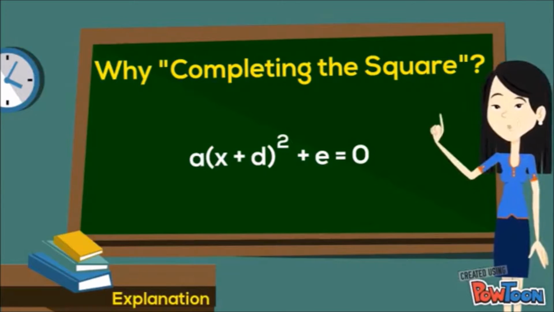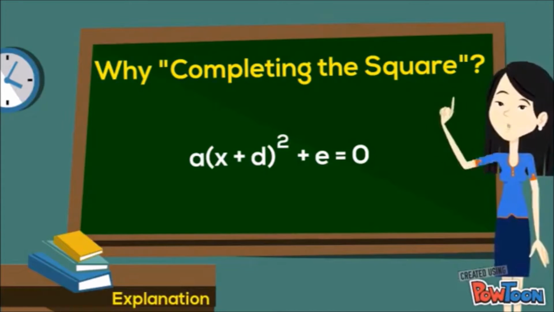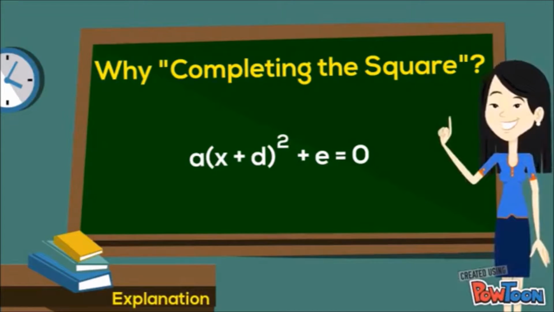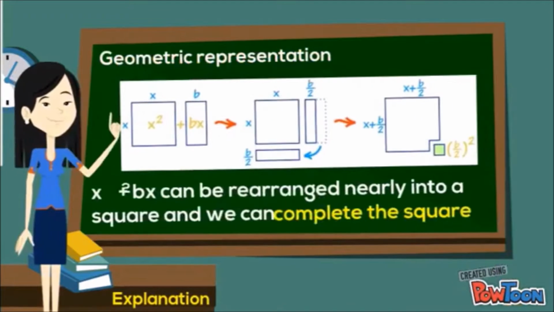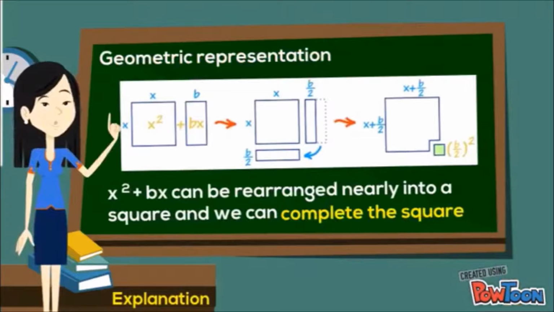Having x twice in the same expression can make it hard. What can we do? Well, with a little inspiration from geometry, we can convert it like this. As you can see, x squared plus bx can be rearranged nearly into a square and we can complete the square.